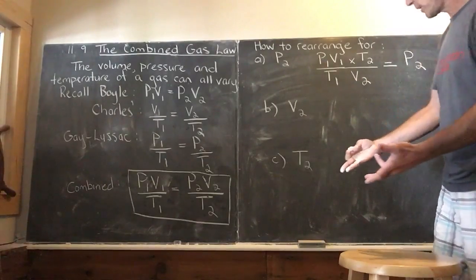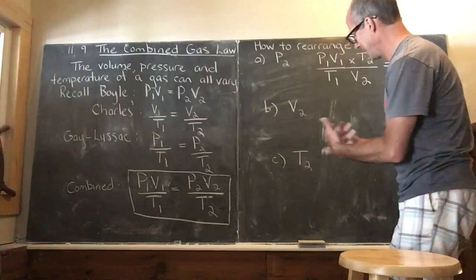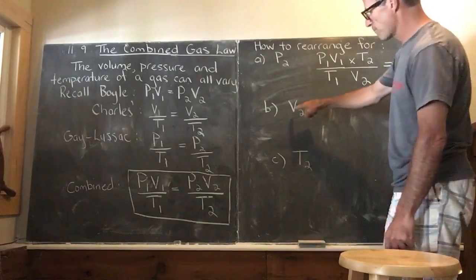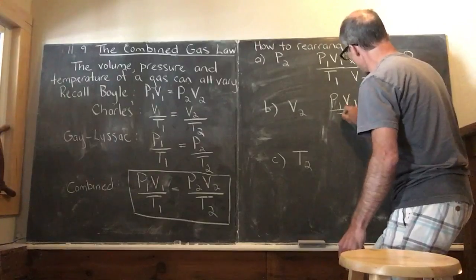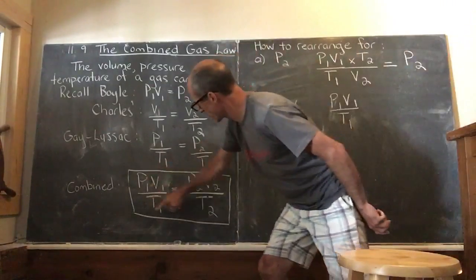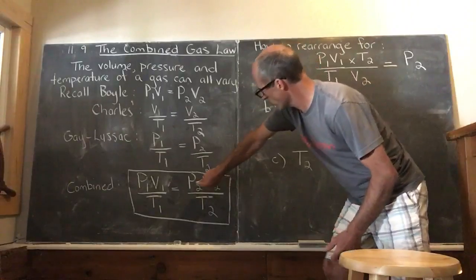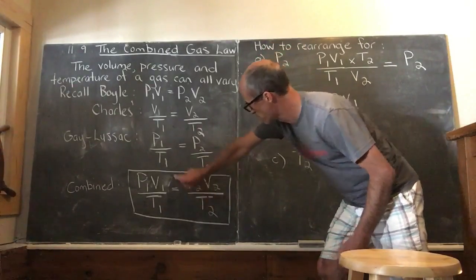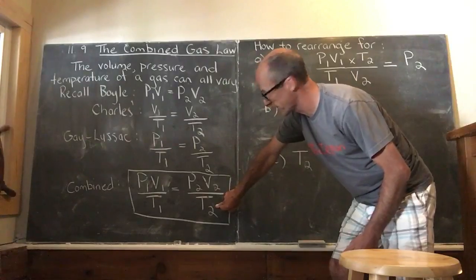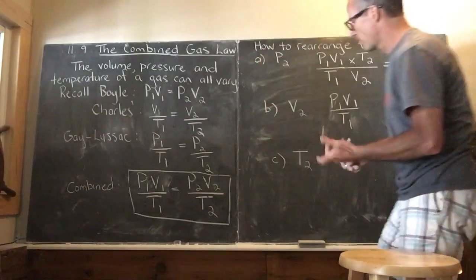Let's look at V2. It's very similar to P2 because it's also in the numerator. Likewise, if you think about it, P1V1 over T1 is all sitting here on the left side, and now we're going to solve for V2. So in this case, we have to divide both sides by P2, and we have to multiply both sides by T2 to isolate for V2.